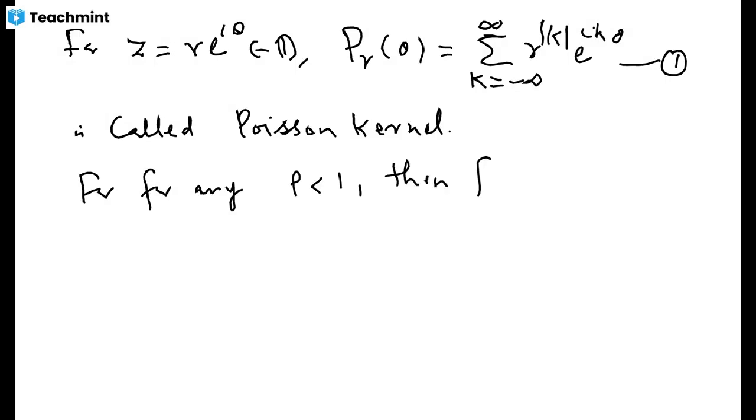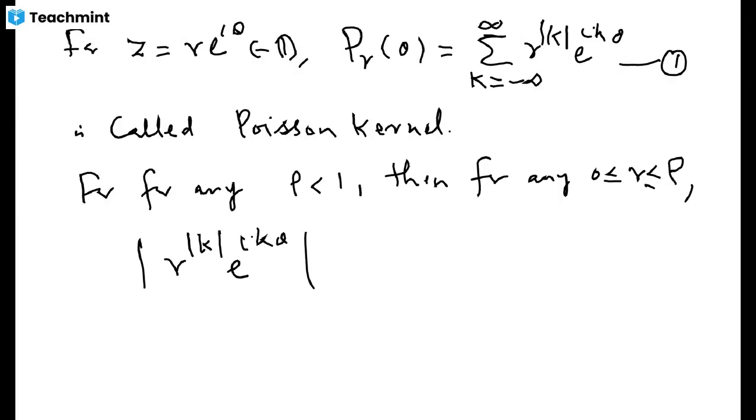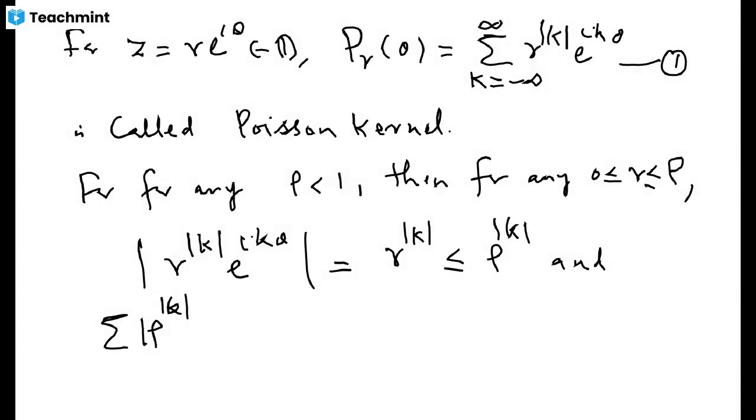Then for any positive r smaller than rho, the modulus of r to the power mod k, e to the power i k theta, is equal to r to the power mod k, which, since r is less than or equal to rho, is less than or equal to rho to the power mod k. Since rho is less than 1, this geometric series is convergent.